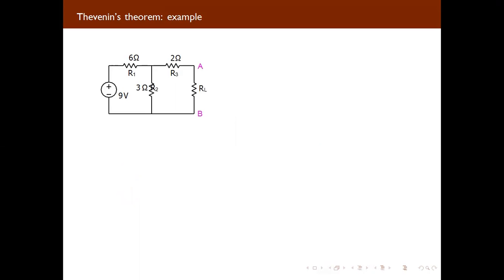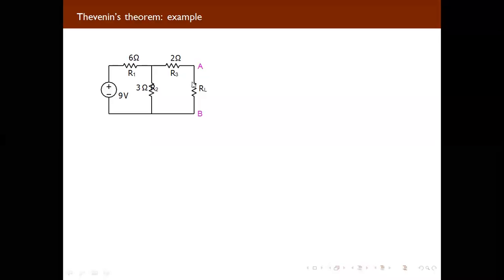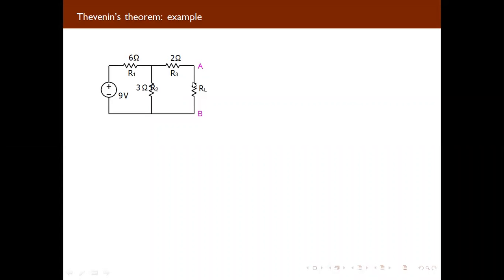If we have this example, we are supposed to find the value of VOC and RTH. If there is a load, we can connect that load directly at our answer. Once you get the answer, after finding VOC and RTH, you can connect RL. If they are not giving it, there is no need to connect RL.